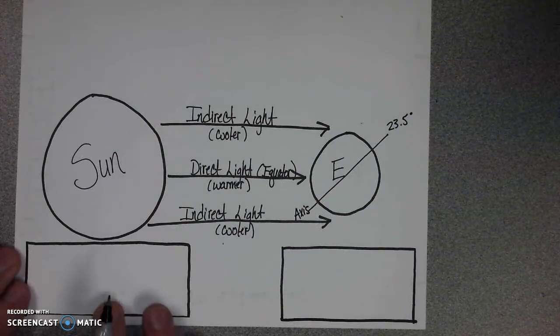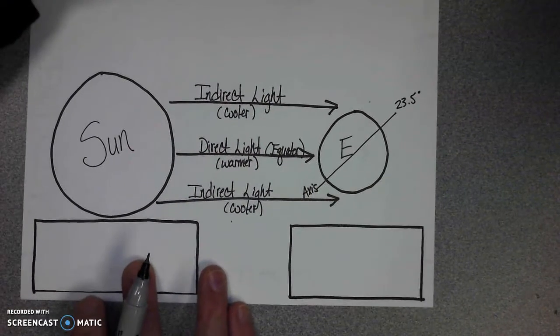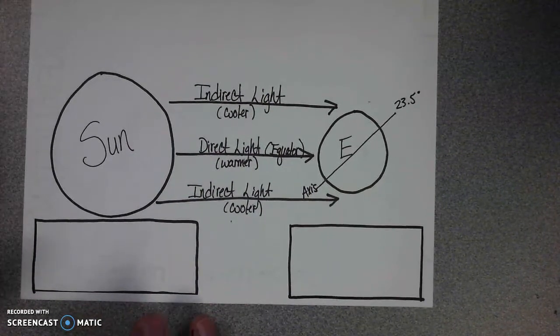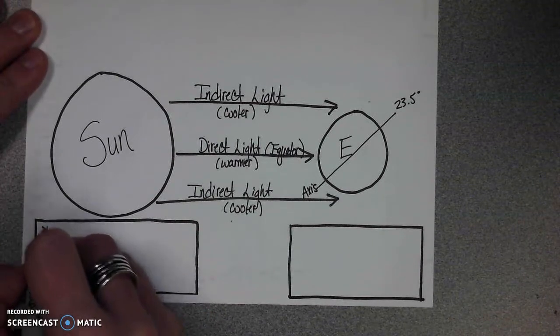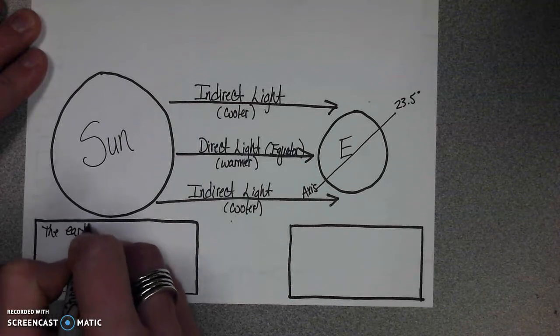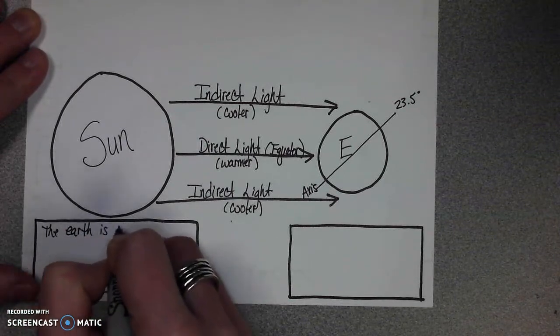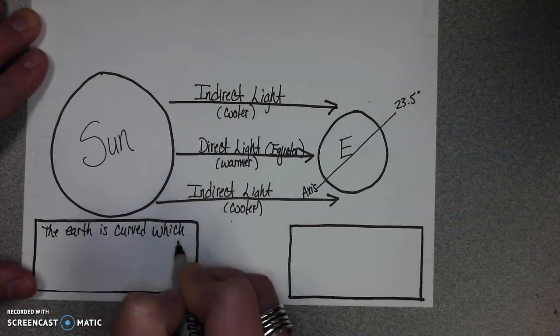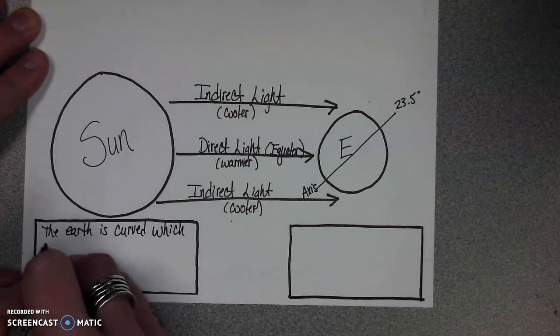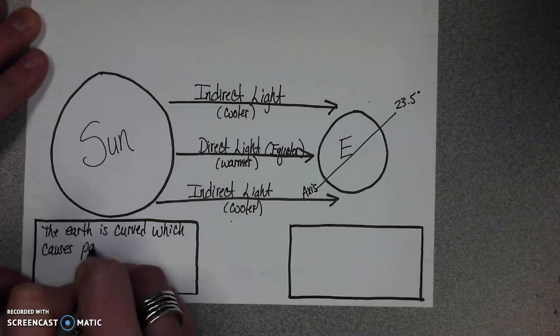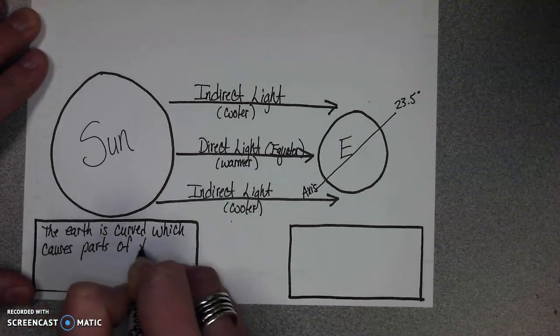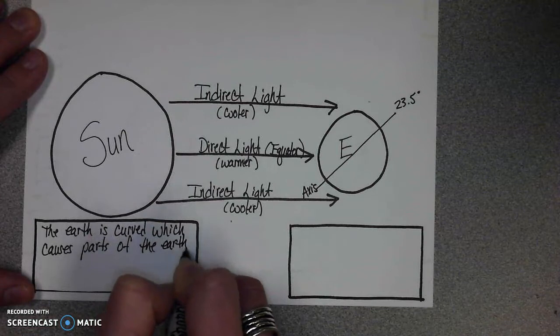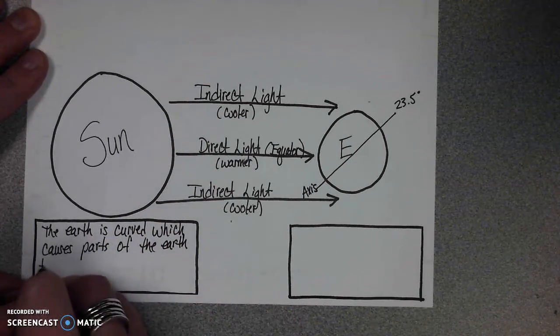Something that goes along with what we're talking about is that the reason we receive different amounts of light at different times of the year is because our Earth is curved. We do not have a flat Earth. So I want you to remember the Earth is curved. And this causes parts of the Earth to receive different amounts of light.